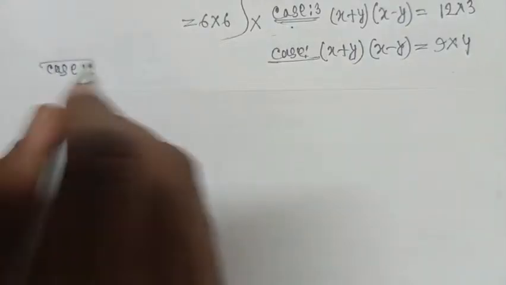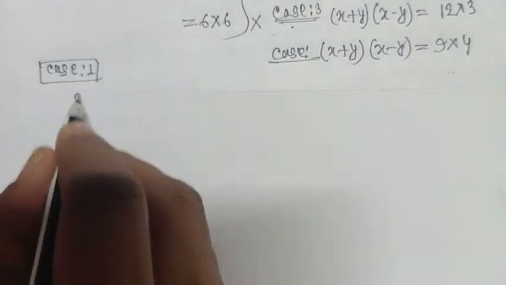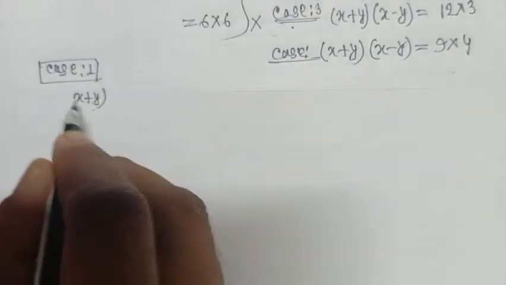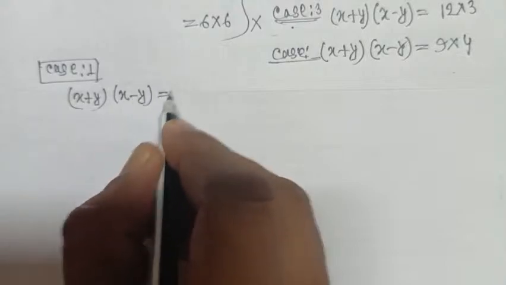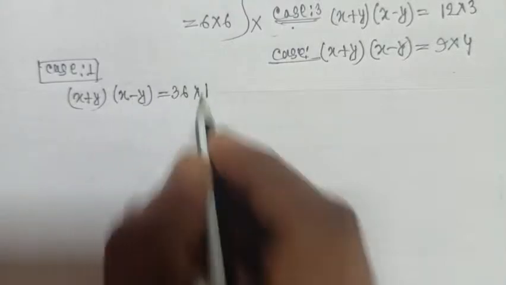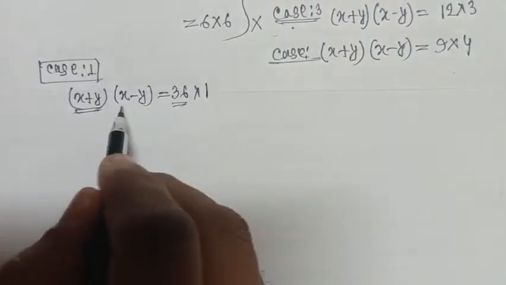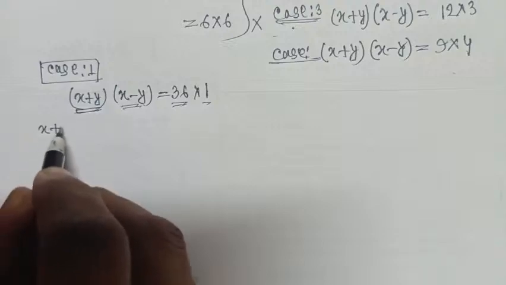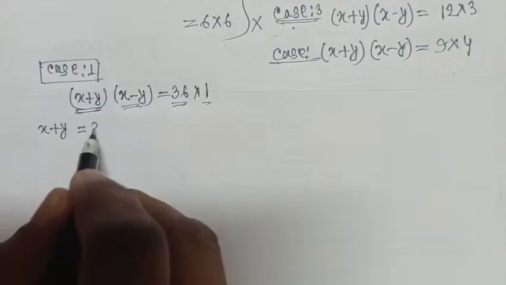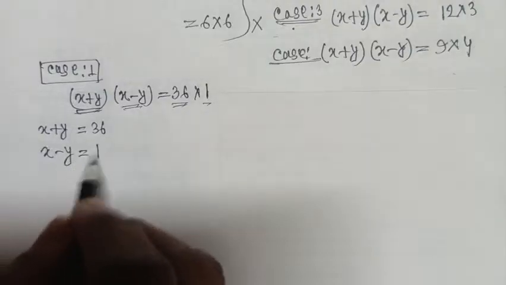Now we are going to take case 1, where x plus y into x minus y is equal to 36 into 1. Now we compare x plus y as 36 and x minus y as 1, then x plus y is equal to 36 and x minus y is equal to 1.